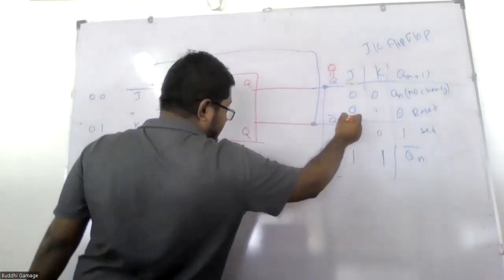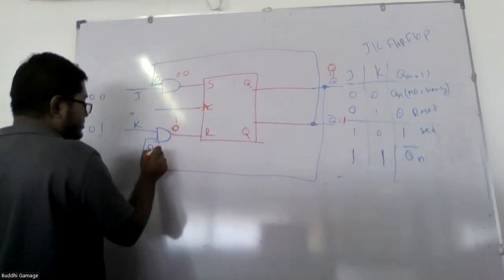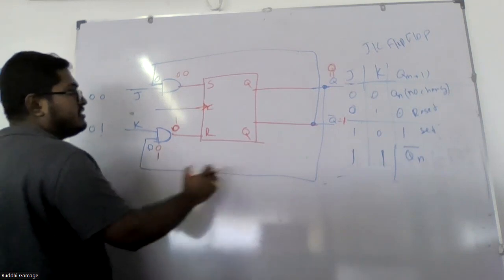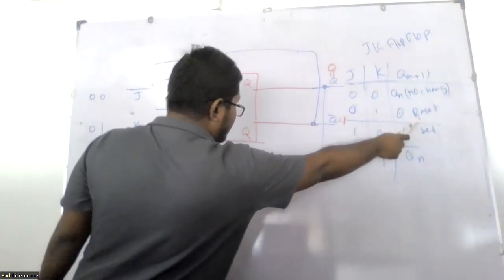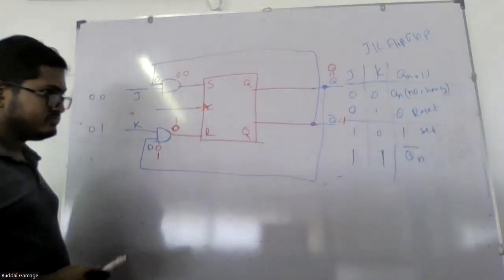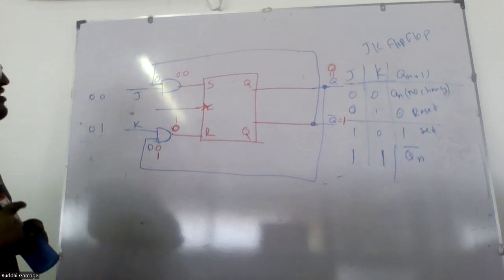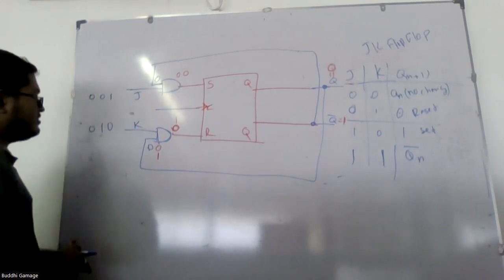Q is 0 and Q bar is 1. Right? So either this value is 0 and 1, there is no particular change. Right? So we can consider where J is 0 and K is 1 is the reset state. Right? So the other state is 1, 0. This is 1, this is 0.